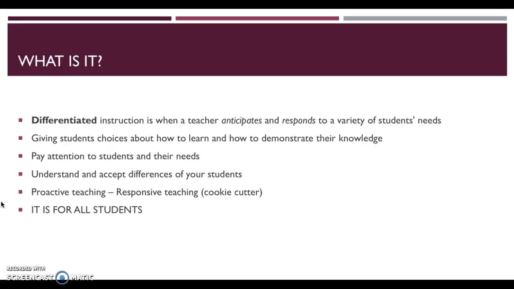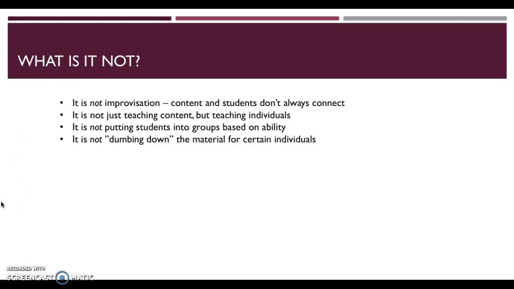The proactive again comes beforehand, and the responsive is during. So like I said about the cookie cutter thing, no cookie cutter is going to work for everyone. We need different shapes and sizes to work for all the individuals. And it is for all students. It's not just students with IEPs or students who are on 504s or anything. It's for all students at all levels.